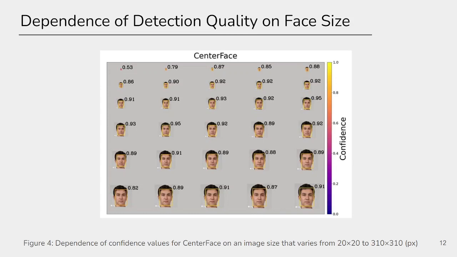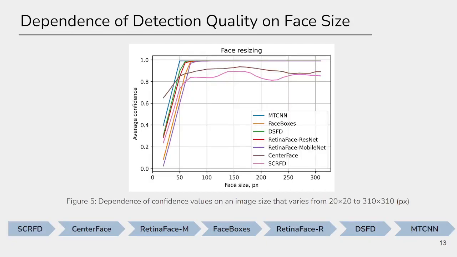These images were fed to the detectors, and an example of one result of their processing is shown on this slide. Based on the result of these experiments, a plot was made in Figure 5. Also, the detectors were ranked.